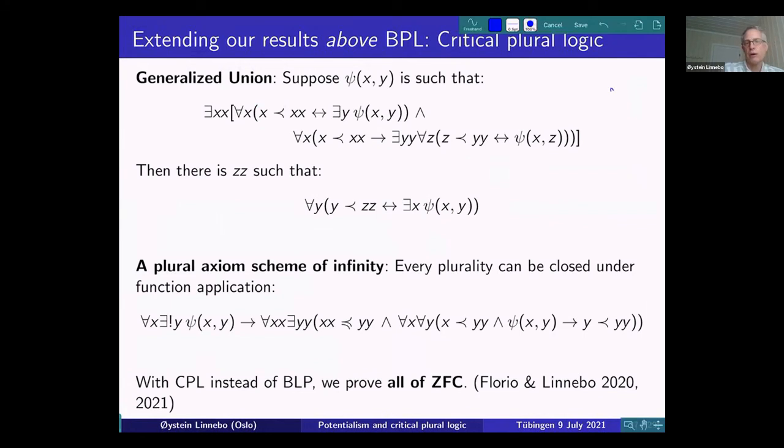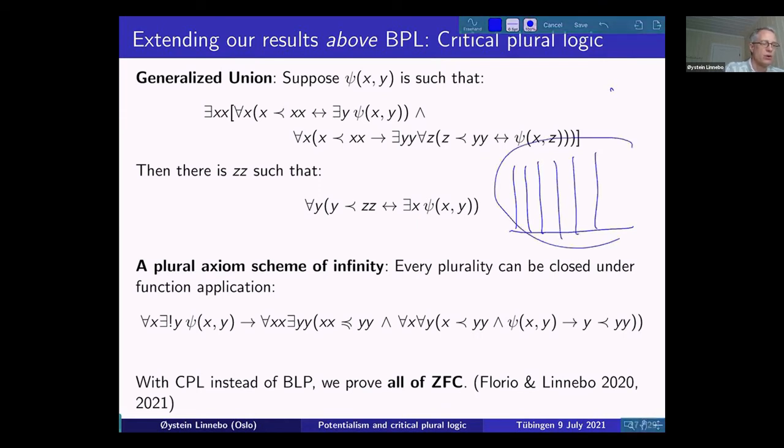So far, we've had a very simple union principle that says that you can take the union of any two pluralities. But what if you have a plurality of tags that you put each as a tag on a plurality of things? Then the whole thing is a plurality. The whole thing can be circumscribed. So that's a kind of generalized union principle that gives you replacement.